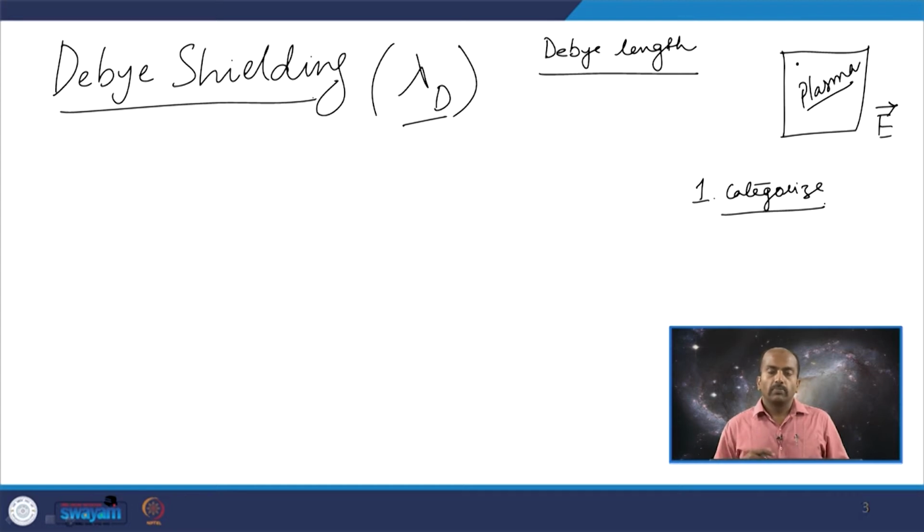The Debye length gives you an idea whether something can be called a plasma or just a gas. This categorization is very important to understand, and the Debye length helps us categorize different types of plasmas. So, it describes the screening distance.